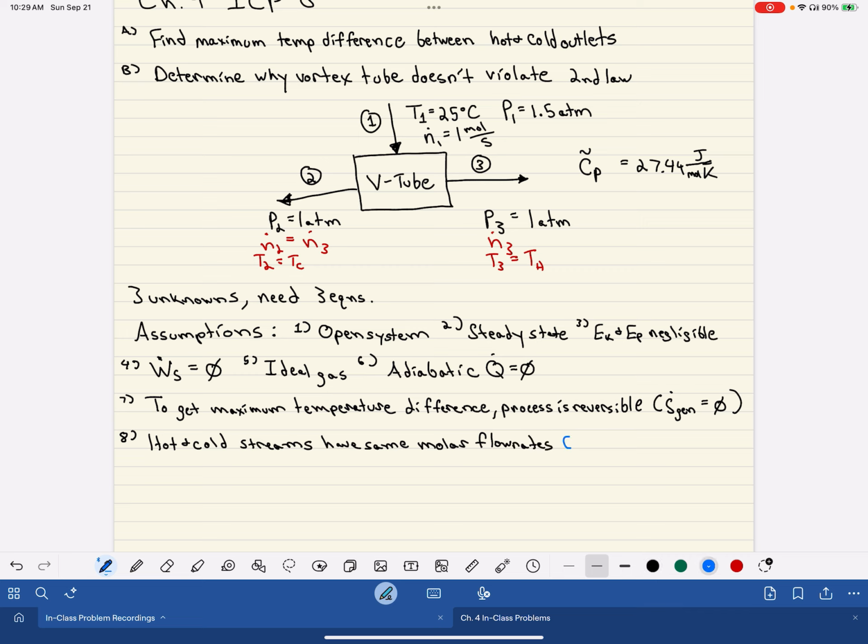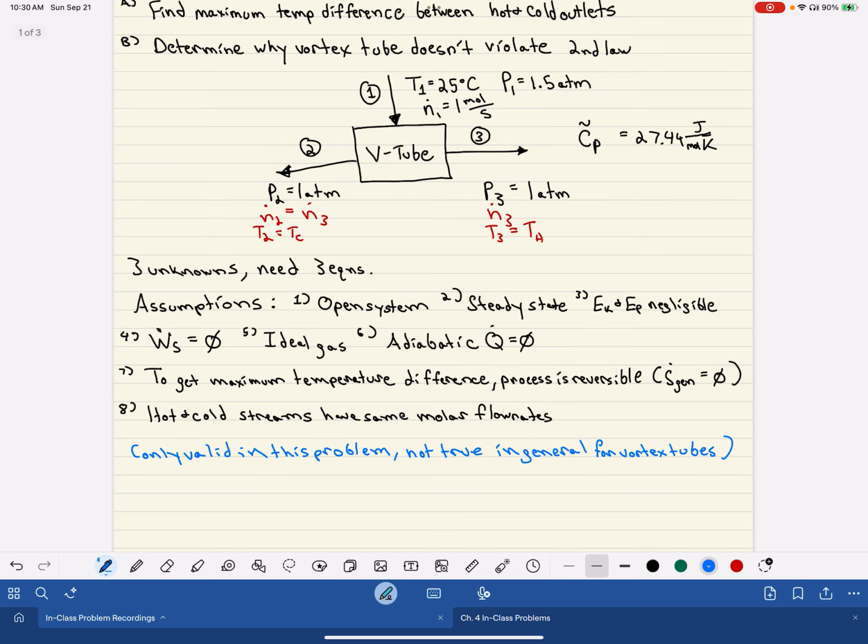Just to clarify, this is only valid in this problem, and in general it's not true for vortex tubes. So in other problems, such as the one that you'll do on the homework, the flow rates of the cold and hot streams will not be equal to one another, so you'll actually have to solve for that through a material balance. But for this problem, it's just telling us to assume it.